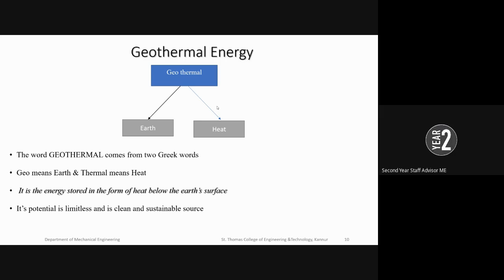Your answer is right, but my question is how can you say that the temperature will be increasing if we are going down from the surface of the earth to the inner core of the earth?